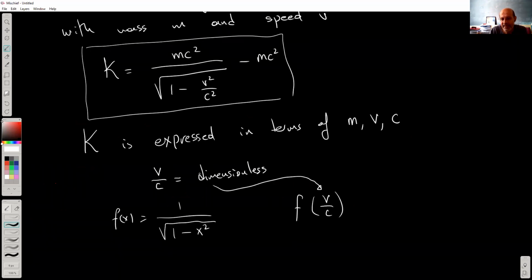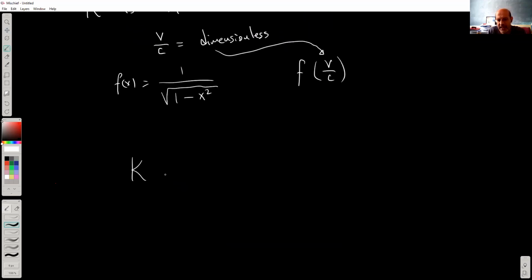In any case, in this kind of an expression, we can have some kind of a function of these dimensionless variables. So that's possible. But apart from that, this part is fixed. It's mass times velocity squared. So kinetic energy can be expressed as mass times c squared and a function of this dimensionless variable. Right?